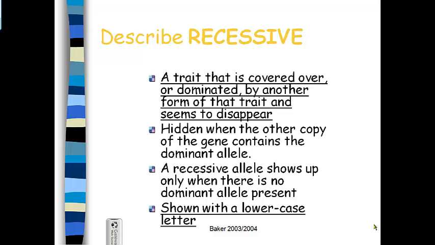Okay? Recessive alleles or recessive traits will only show up if you have two recessive genes passed down to the offspring. One recessive from the mother and one recessive from the father. So there's no dominant alleles present. Okay? Recessive alleles are basically represented by lowercase letters when we talk about them.